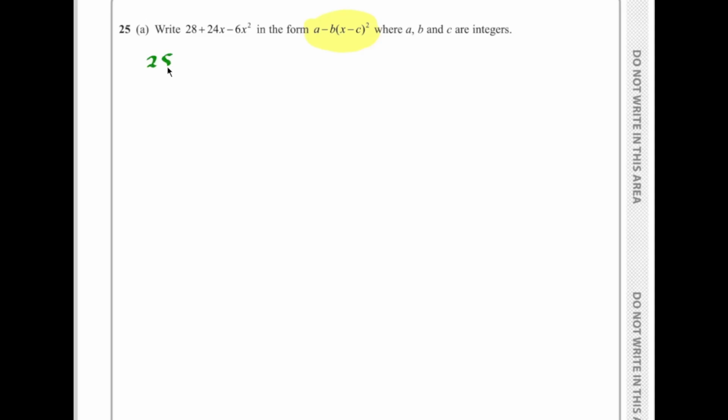28 plus 24x minus 6x squared. So this is the quadratic expression that we were given originally. Let's rearrange. I'm taking this 6x squared forward: minus 6x squared plus 24x plus 28. After that, I'm factorizing this one because I need to have x squared.